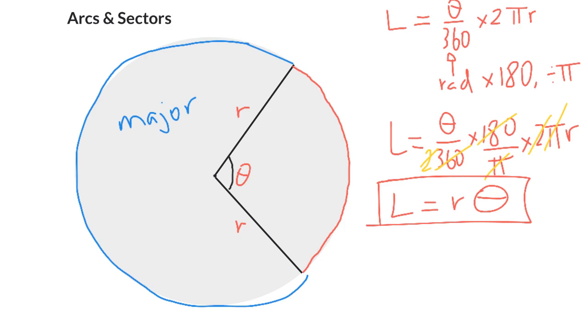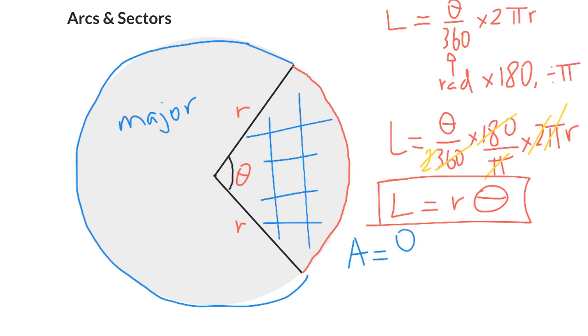If I did the exact same thing with the area of this sector here, I'd have A equals theta over 360 multiplied by pi r squared. And once again, I would do the exact same thing. I would multiply by 180 and divide by pi. I'd end up with a similar thing happening.